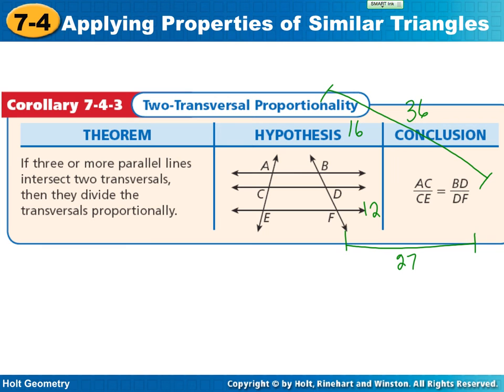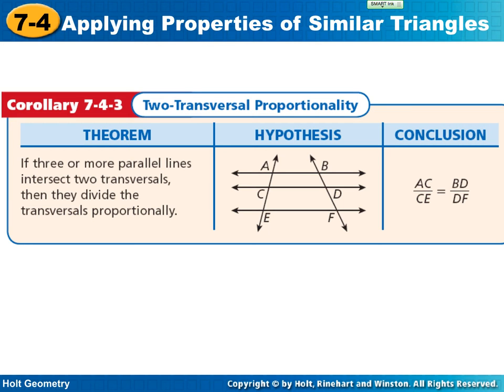All right, let's go to the two transversal proportionality theorem. I think I just did a couple of examples on this one. The two transversal proportionality. So this one has 3 or more parallel lines, and they're intersecting 2 transversals.